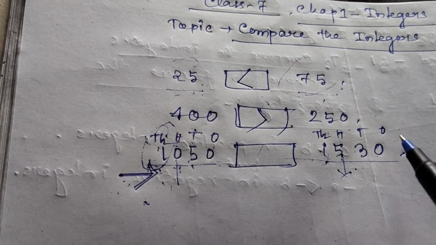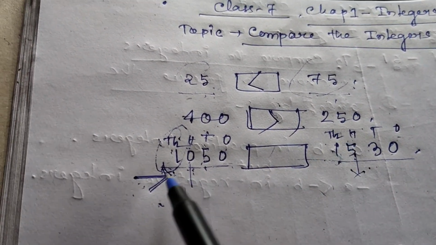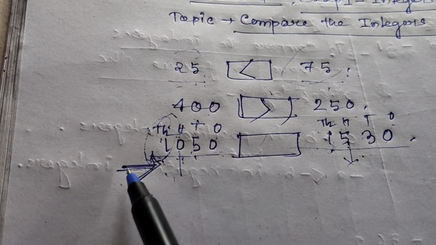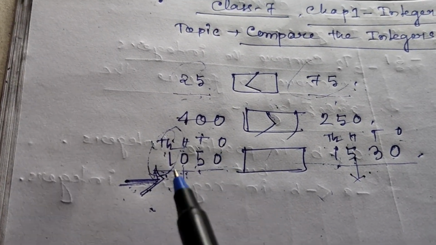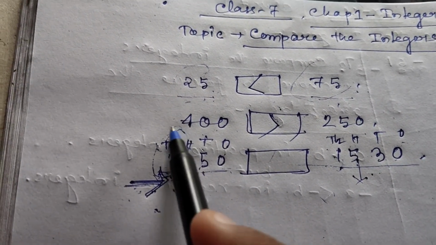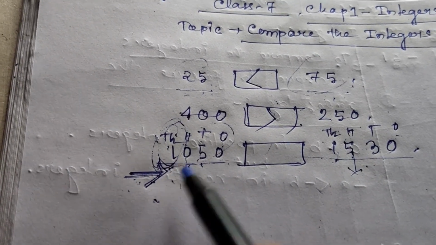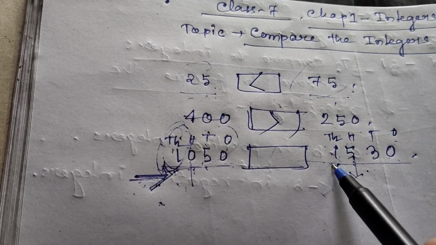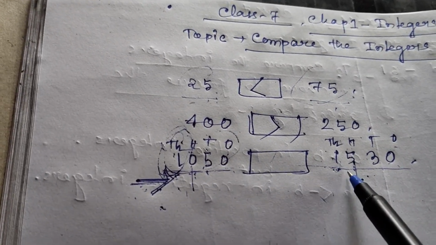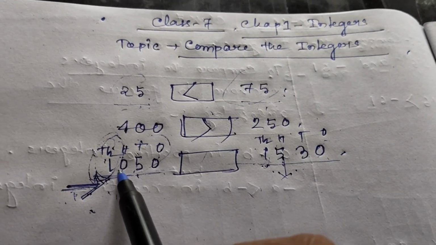In 1530 we have ones, tens, hundreds, thousands. You have to remember, we have to start from the left side. In 1050, the thousand place is 1. In 1530, the thousand place is also 1. So this is not differentiating anything, right? So we have to check the hundred place.